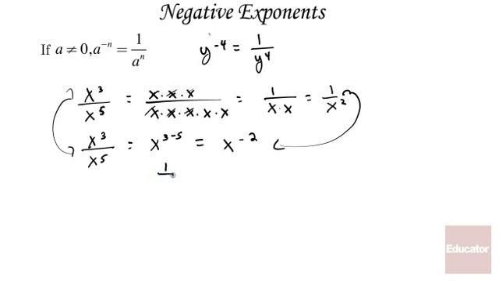Therefore, 1 over x squared equals x to the negative 2. And that's why we say that these two are equivalent. A to the negative n equals 1 over a to the n. And remember, in order to simplify exponential expressions, you need to make sure that there are no negative exponents. And using this rule is how we get rid of those negative exponents.